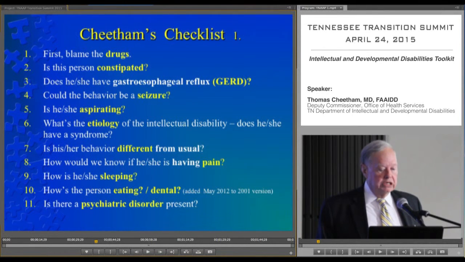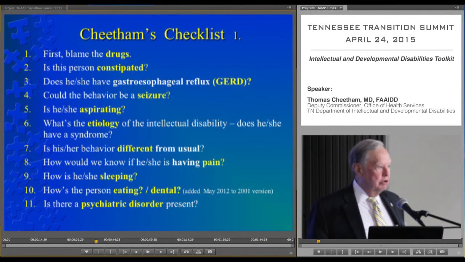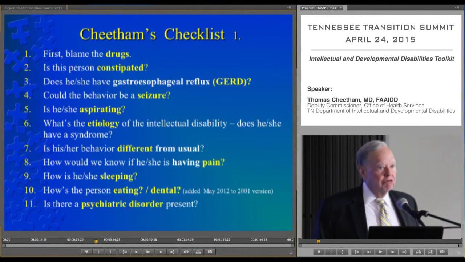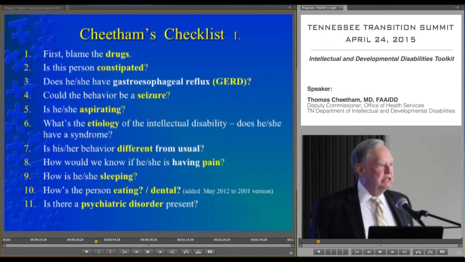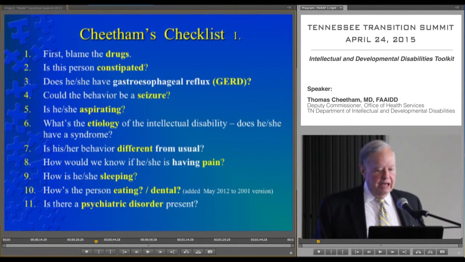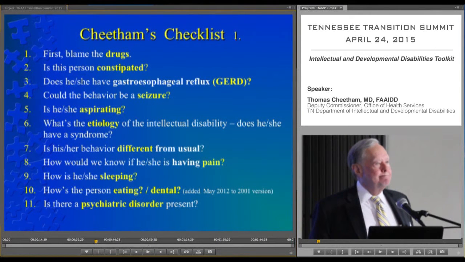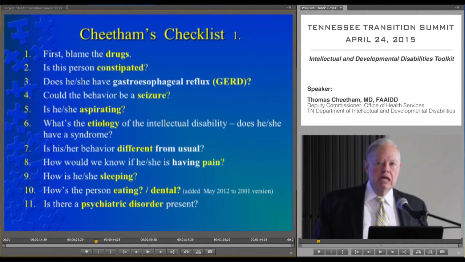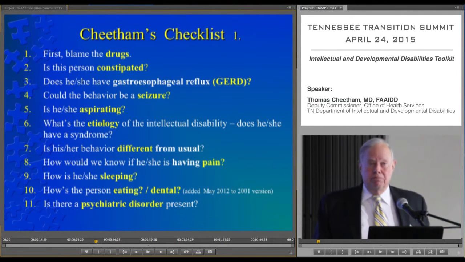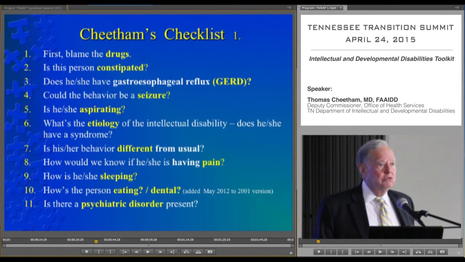I mentioned etiology. I mentioned sometimes just being different is all the history you're going to get. And if you get it from a reliable observer, that really needs to be investigated. Pain, I mentioned. Sleeping. If I could only ask one question on history, to try to tell if somebody's got something significant going on, and doesn't apply to people who have a tube, it would be, how's the person eating?